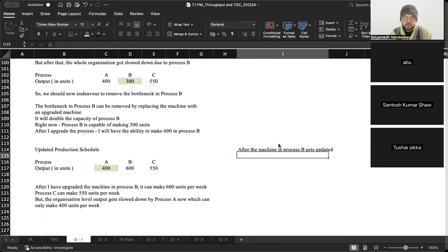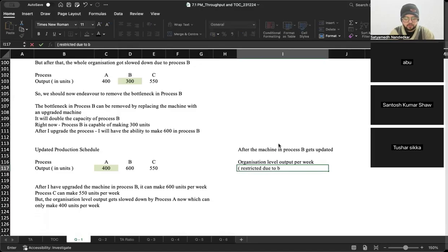After the machine in process B gets updated, organization level output per week restricted due to bottleneck in process A.